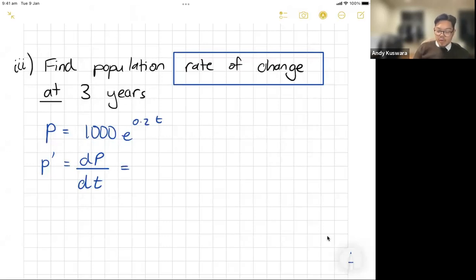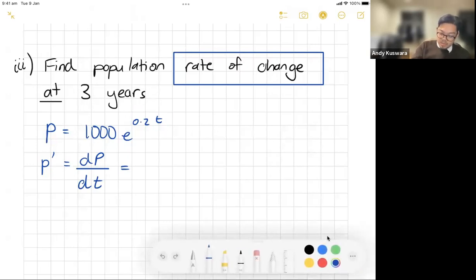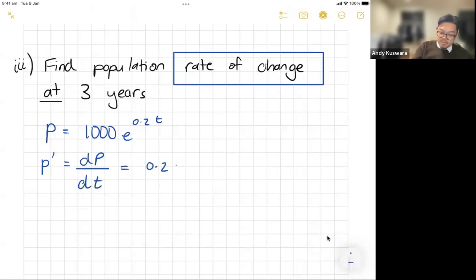So hopefully you remember the rule. Differentiation of your power comes down the front. So in this case, 0.2 comes down the front, and then I'll multiply this by the original 1,000 times e to the 0.2t.